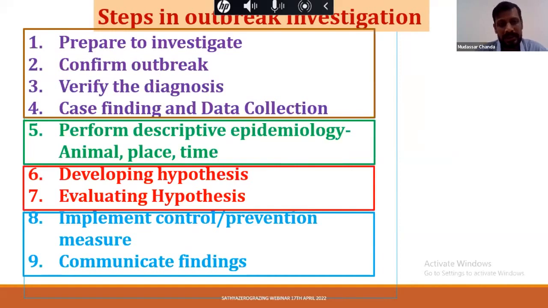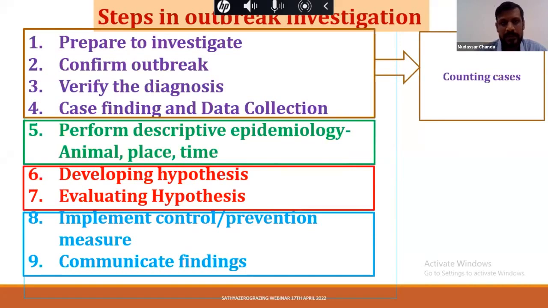But while doing that, we need to remember the purpose of these first 4 steps. It's mostly related to counting the cases, counting the animals with the disease and without disease. That should be your motto when you do the 4 steps. You can do all these things together at a time, but remember to collect information on the outbreak with respect to affected animals, and healthy animal data is also very important.